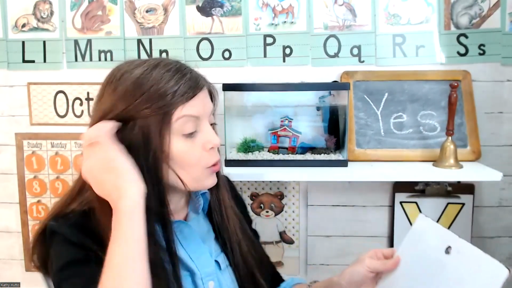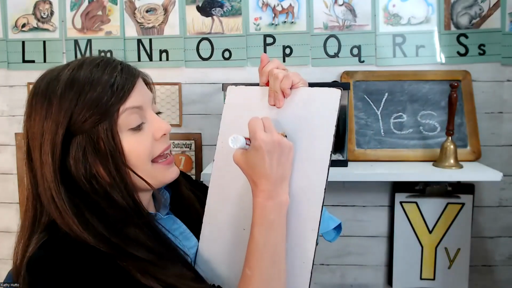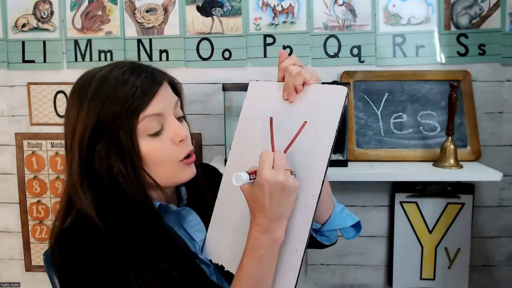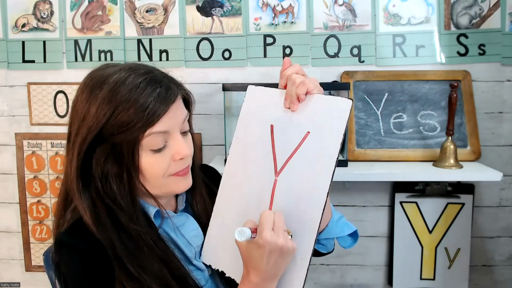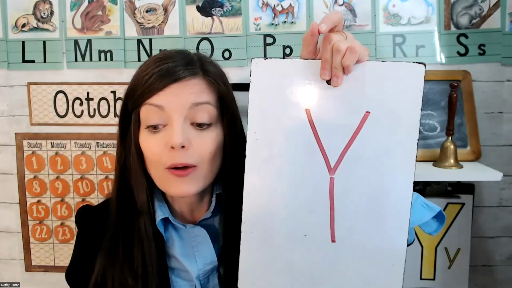So to write a letter Y, we're just going to make a letter V at the top. Let me show you. So make a letter V at the top, and then right here down below, we're going to make a line. So it's a V at the top and a line down below.